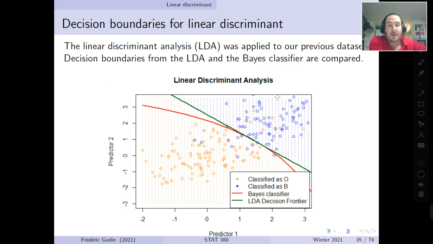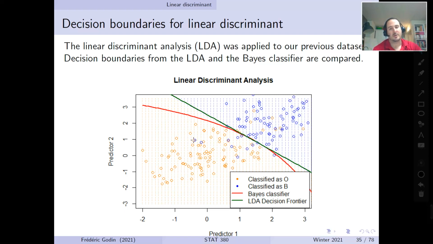So now let's go back to our original example where we had orange dots and blue dots. This is the same original data we had, and recall that the red line which we obtained earlier is the Bayes classifier. The red line is the optimal classification we could obtain if we want to minimize the training error.